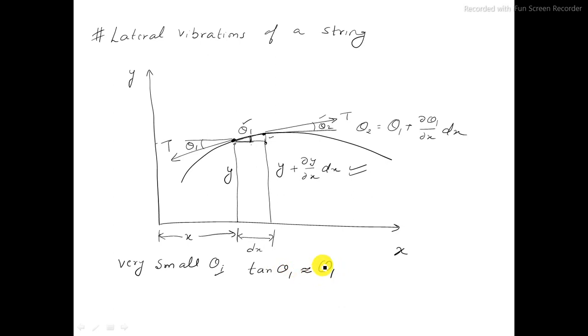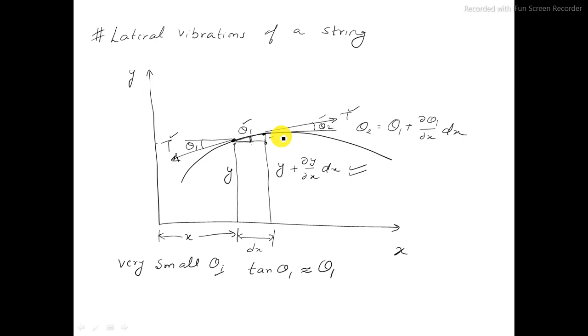We take theta 1 equal to tangent of theta 1, both will be equal, we assume. And also we assume that this tension T is constant, it is not T1 and T2. We assume that the tension T remains constant throughout the length because angle theta is very small.